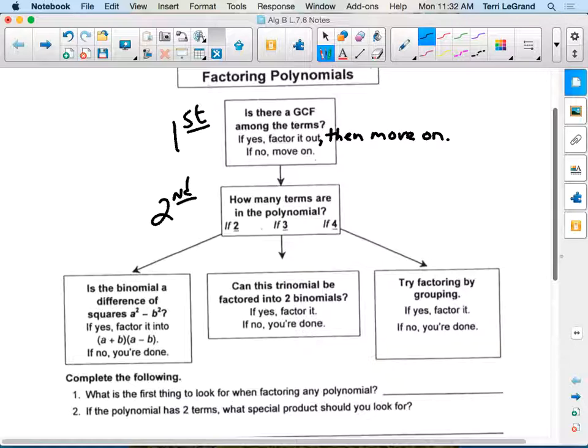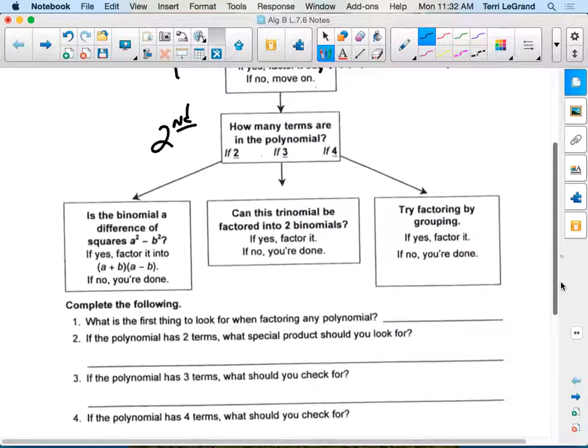If there's 2, this is what we're going to look for. Is the binomial a difference of squares? Remember our special binomial? If it's the difference of 2 squares, that means it's factorable. If it's not, then we're done. We don't have any other means of factoring binomials. Once we've GCF'd them already, if it's not the difference of 2 squares, then we can't do anything with it.